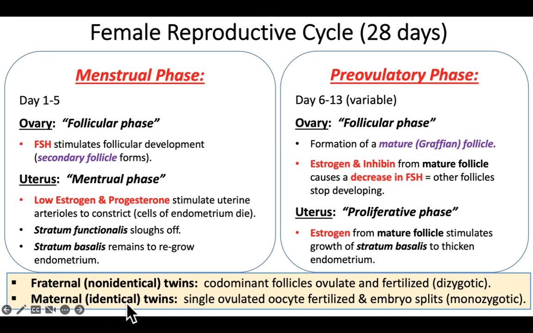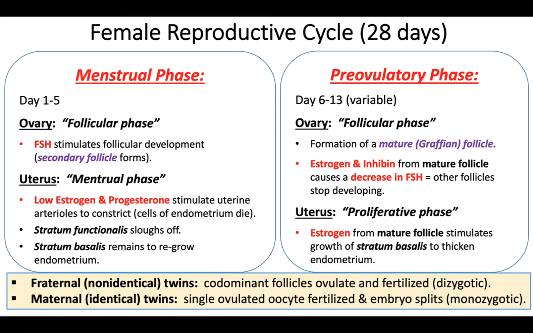Maternal or identical twins, you only have one ovulated egg. It gets fertilized by one sperm, but the embryo splits. So it started as one embryo, so we call it monozygotic, but it splits into two. And those two, since they came from the same egg and sperm, are identical.